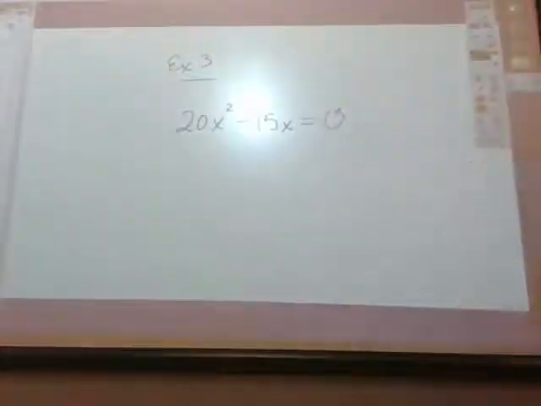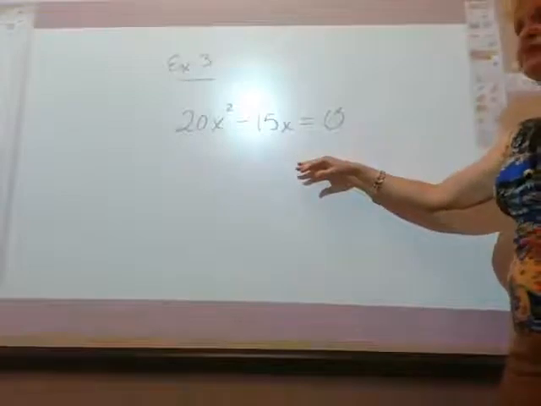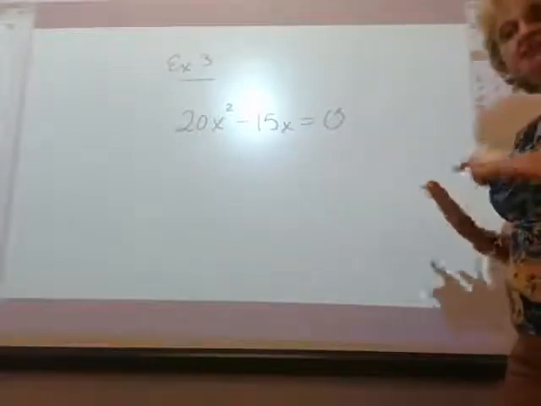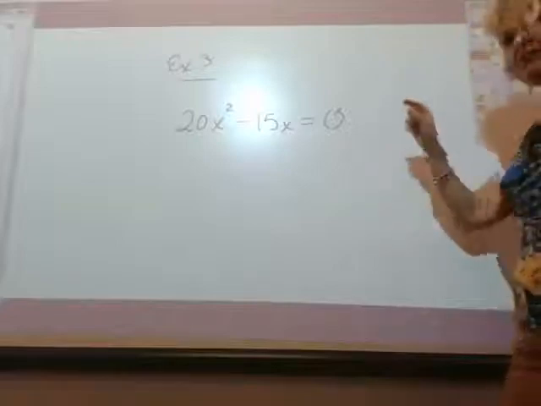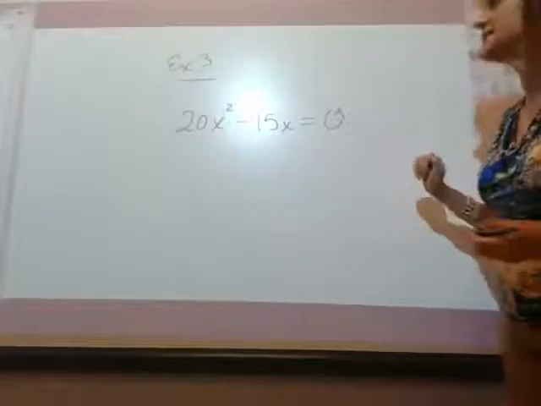Now, believe it or not, you've already had problems like this where you had to factor and solve. So what you're doing now is factoring and solving to realize that the solutions are the zeros. They're the place where that parabola crosses the x-axis.